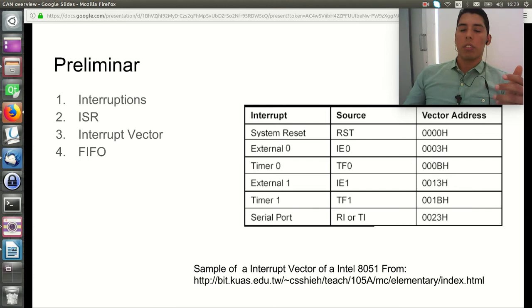The system uses an interrupt vector to catch interruptions, and the principal feature of the interrupt vector is to solve them by priority. For example, in the STM32F4 we have fixed interruptions and settable interruptions.